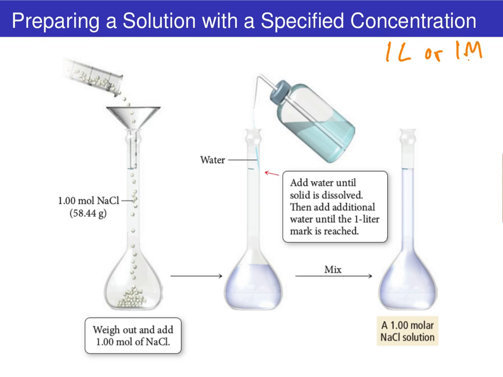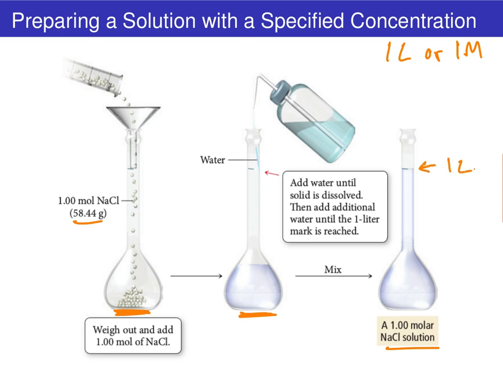In order to get 1 liter of a 1 molar solution, you're going to have to weigh out 58.44 grams of sodium chloride. You're going to put that sodium chloride into your volumetric flask in the first step, add some DI water until it's dissolved, mix it up thoroughly, and then add the final amount to bring that volume up to the 1 liter mark.